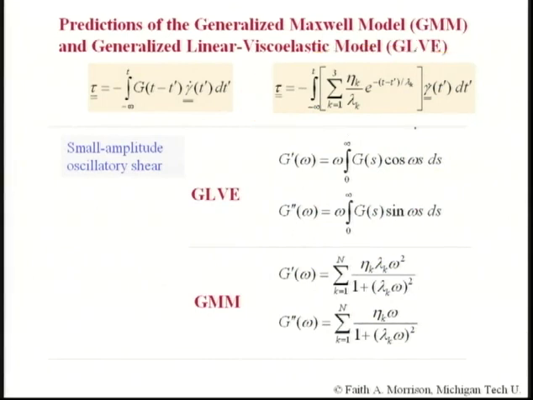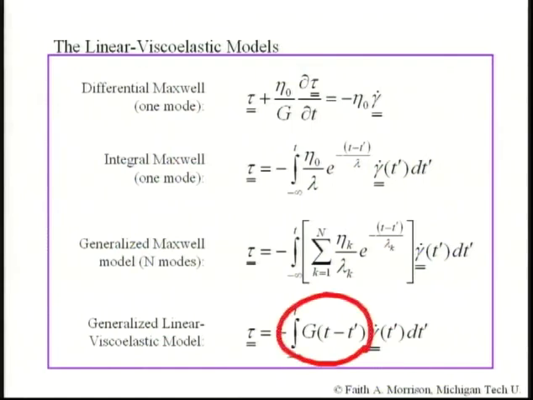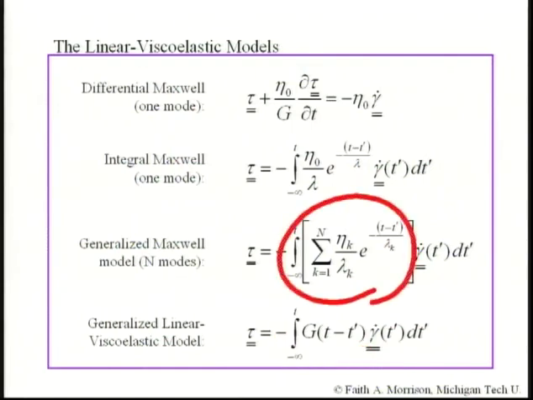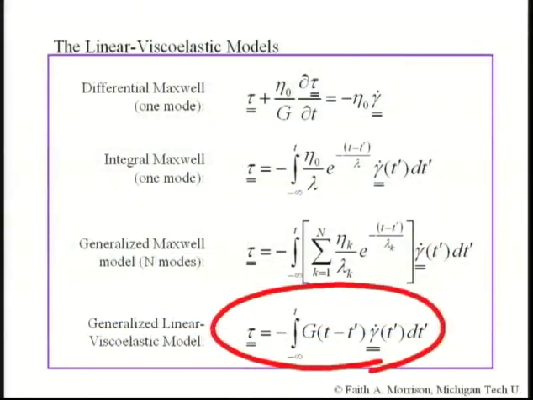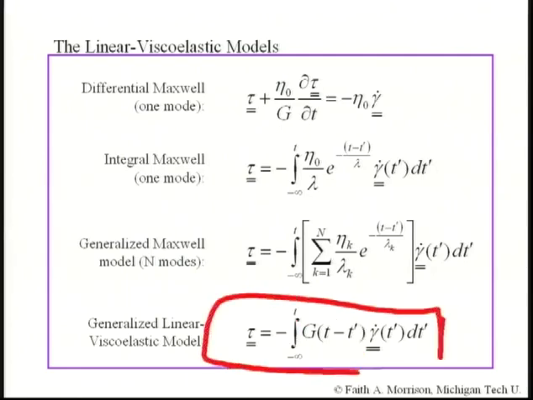And what's nice is it predicts slopes of 2 and 1, which is reality. So working with this model, either in the form of the generalized linear viscoelastic or the generalized Maxwell, is very useful when you're doing very small amplitude things or very, very slow flows. In fact, every complex nonlinear model that we use must reduce to this model in order to be considered correct. They'll reduce to different functions here, but they'll all reduce to this general picture.